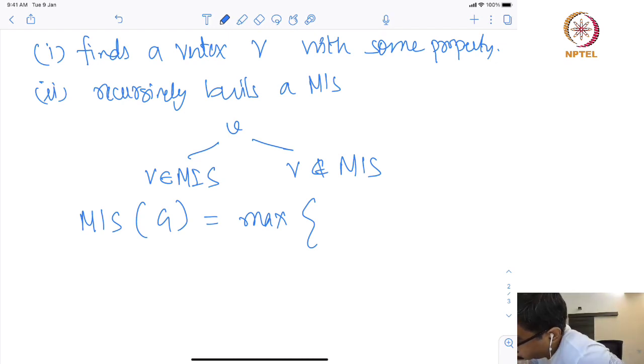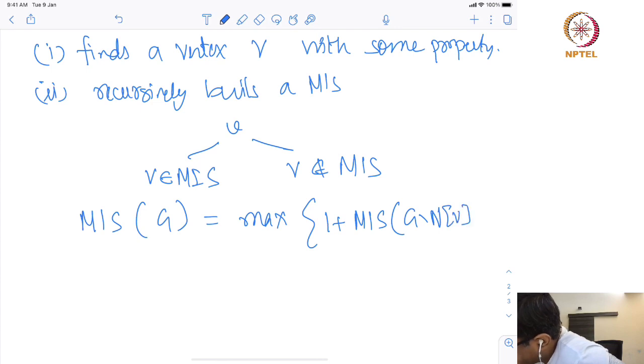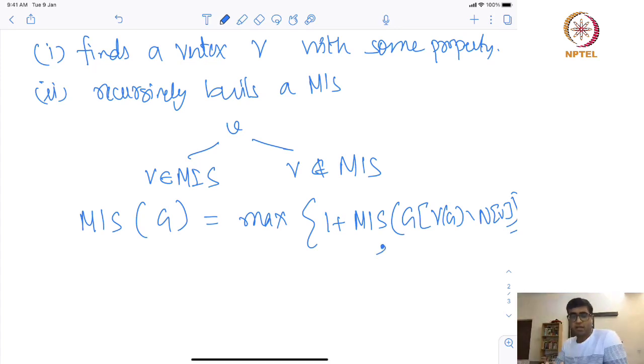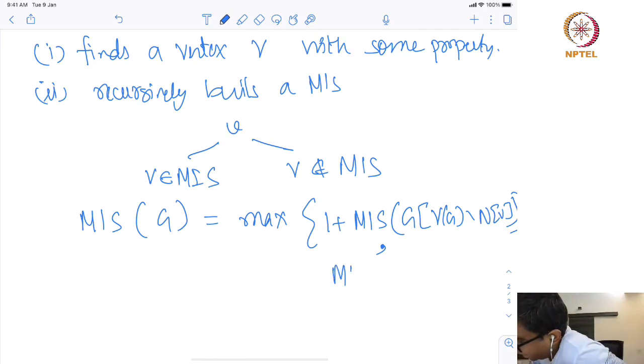So the problem reduces to finding 1 plus the maximum independent set of G minus the closed neighborhood of V. Or it does not contain V, in which case the maximum independent set of G is the same as the maximum independent set of G minus V.